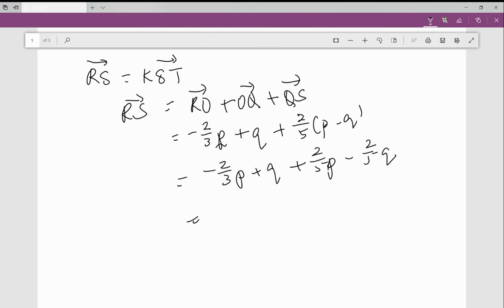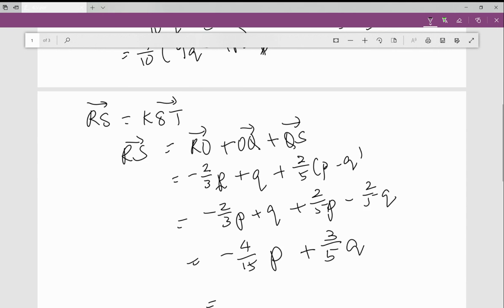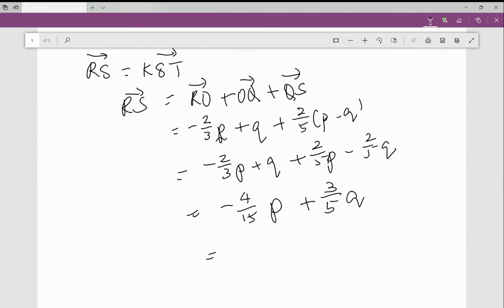For the P, negative 2/3 plus 2/5, so I have minus 4/15 P plus 3/5 Q. Let me factorize again. Let me take 1/15 out, and I'm left with 1/15 (9Q minus 4P).